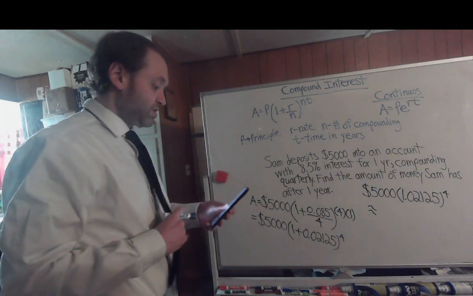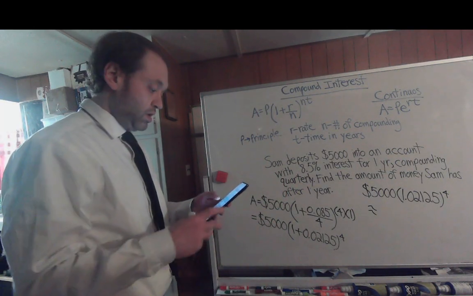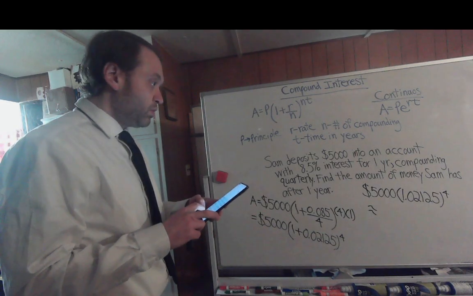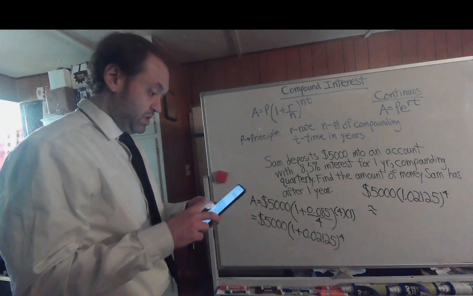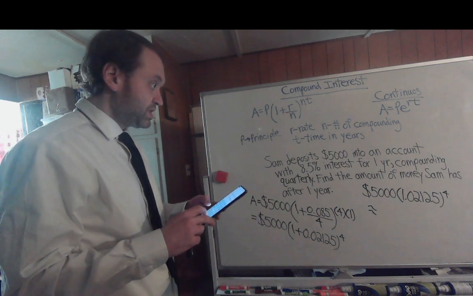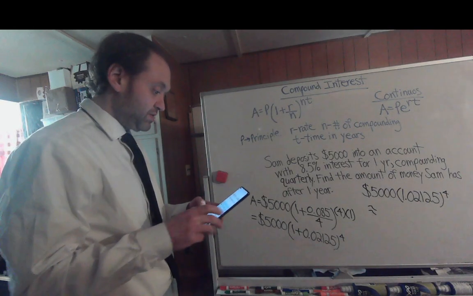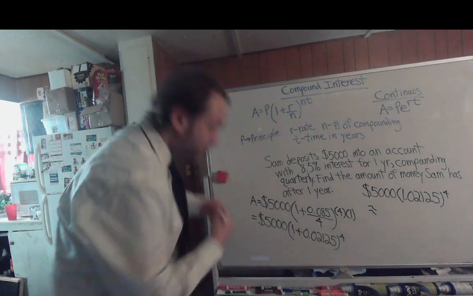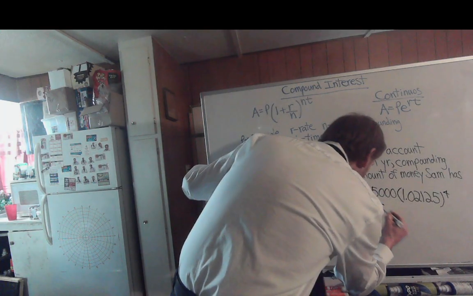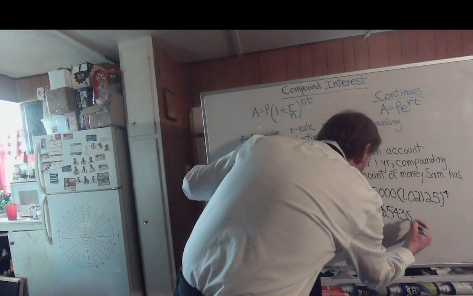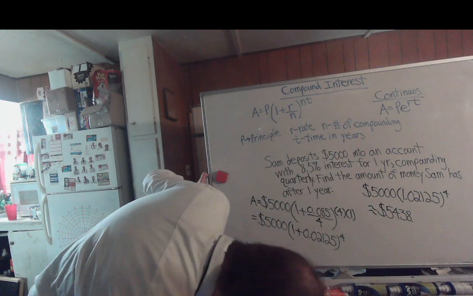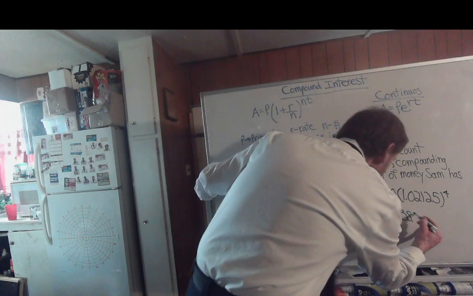So you're probably starting to see how this is going to work. 1.02125 raised to the 4th, so we'll take that times 5,000. That would be $5,438 and roughly 74 cents.